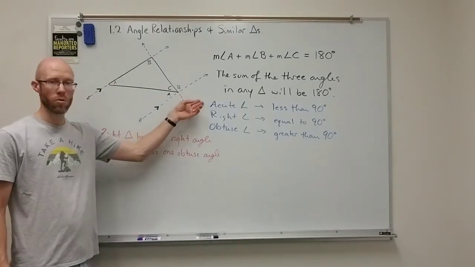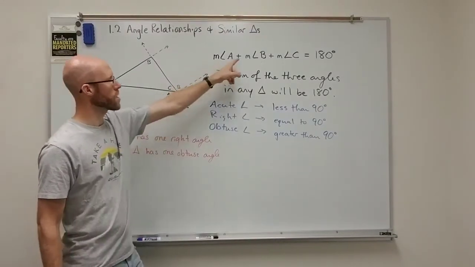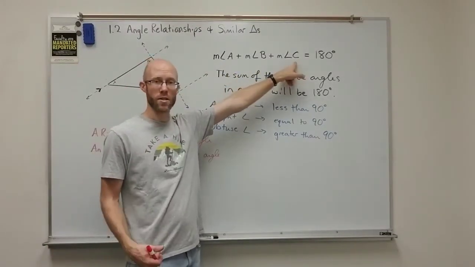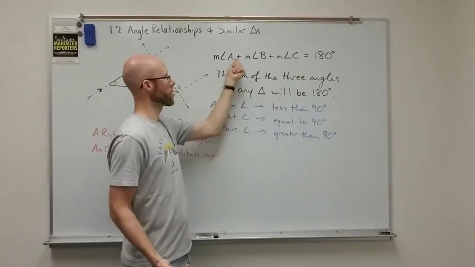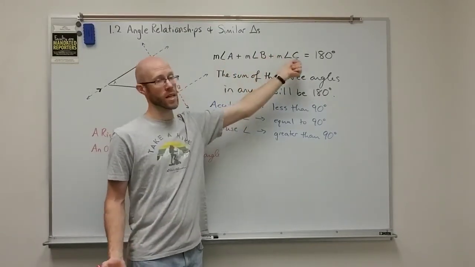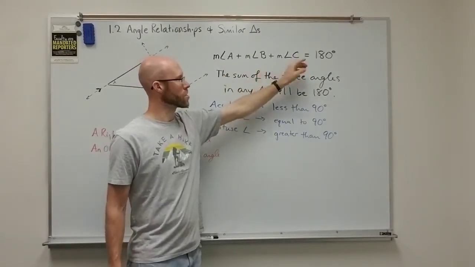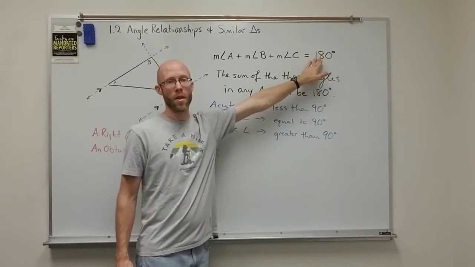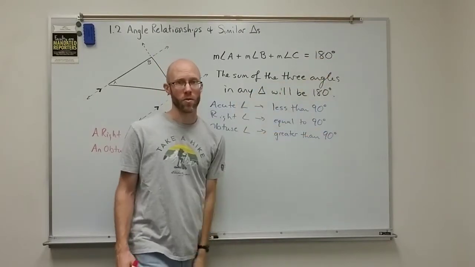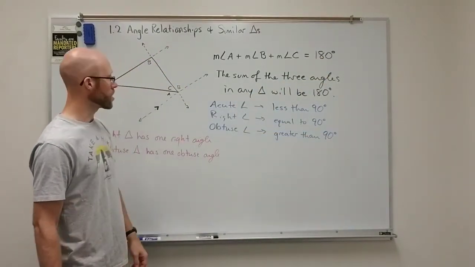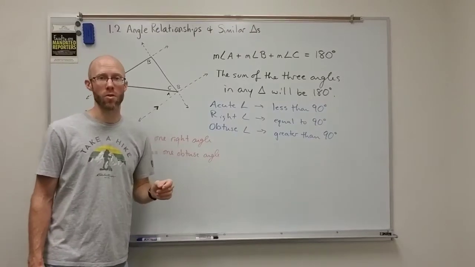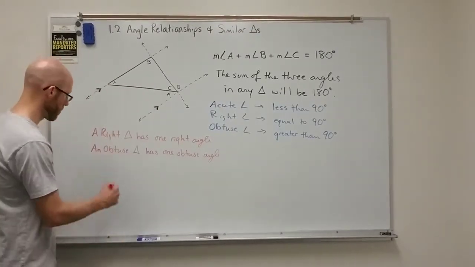Finally, with an acute angle, you can have three angles here that are all less than 90. For instance, you could have a 30, a 60, and a 90... or rather a 70, a 30, and an 80. That would work, as long as they together equal 180, okay? Any triangle that has all three acute angles is called an acute triangle.